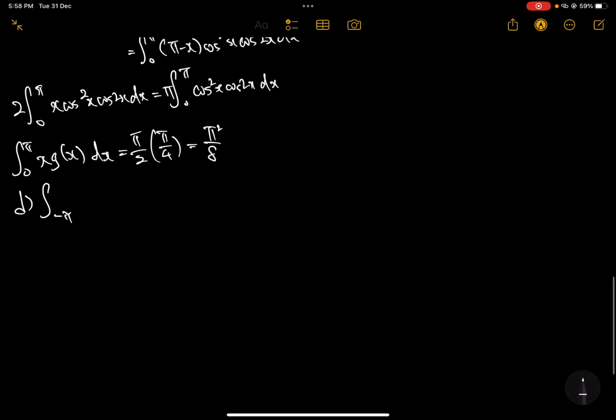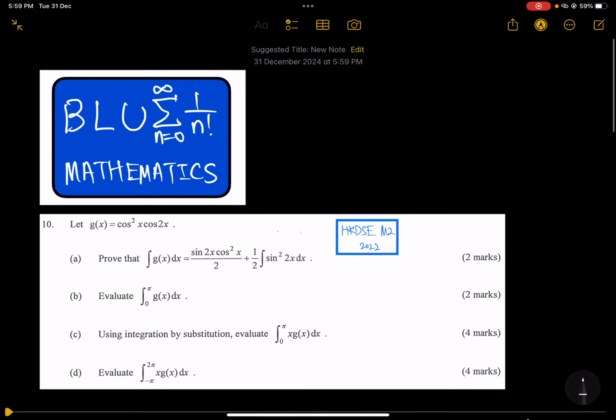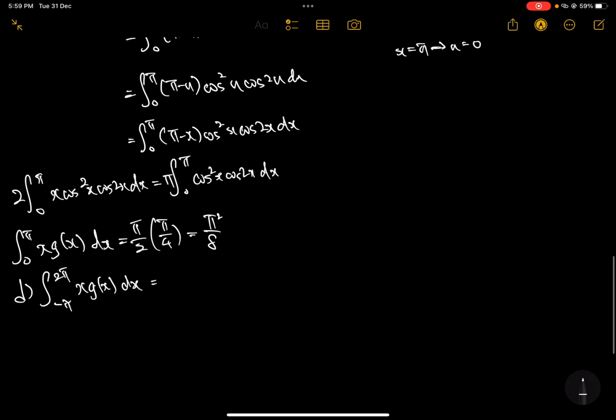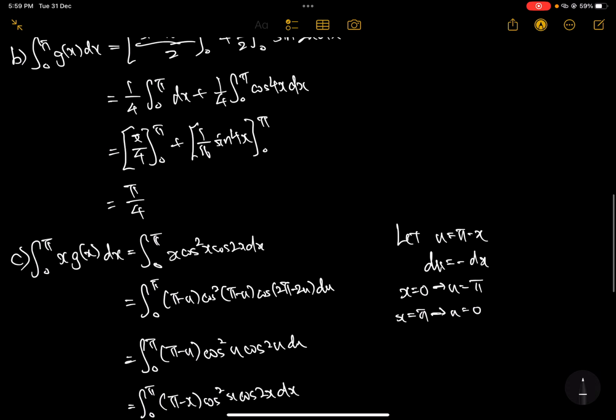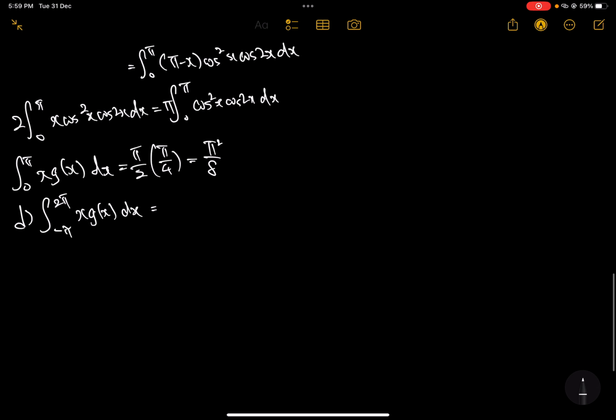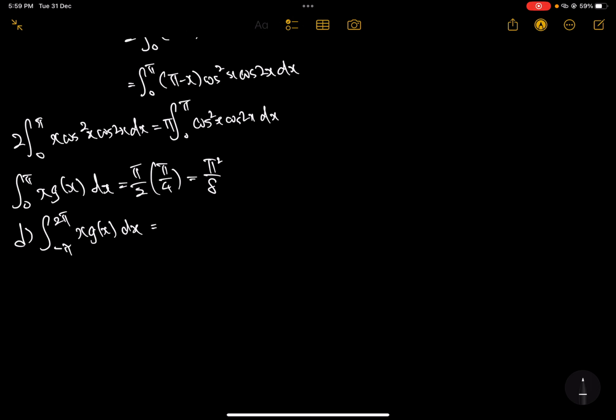In part D, we want from negative pi, I'm just going to check the question again, from negative pi to 2 pi of x g x dx. So this is a trig function, so we could do the same thing initially. We could have from negative pi to 2 pi of x cosine squared x cosine 2x dx.